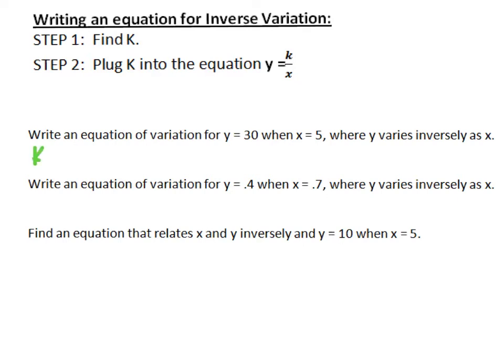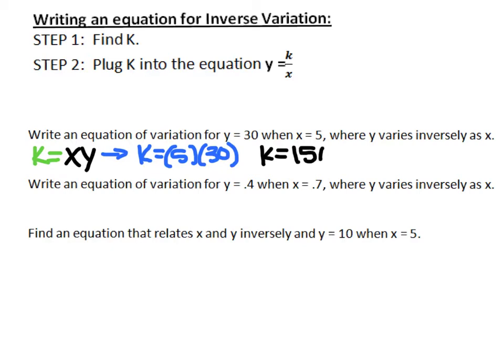Well, to find out what k is, all we have to do is know that it's x times y. So in other words, k equals, we have those two values. X is 5, y is 30. So that tells me that k is equal to 5 times 30, which is 150.